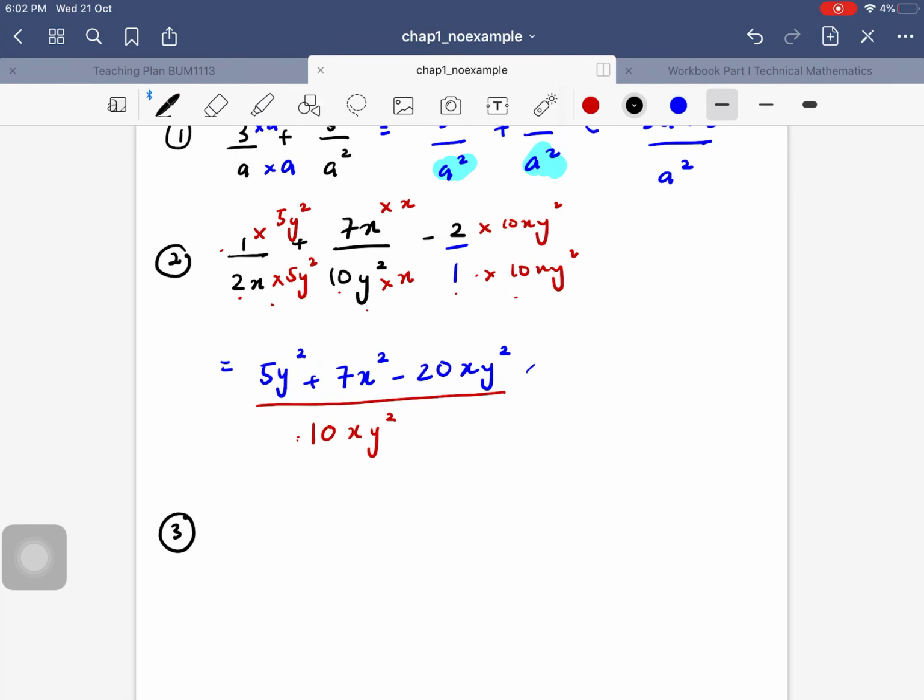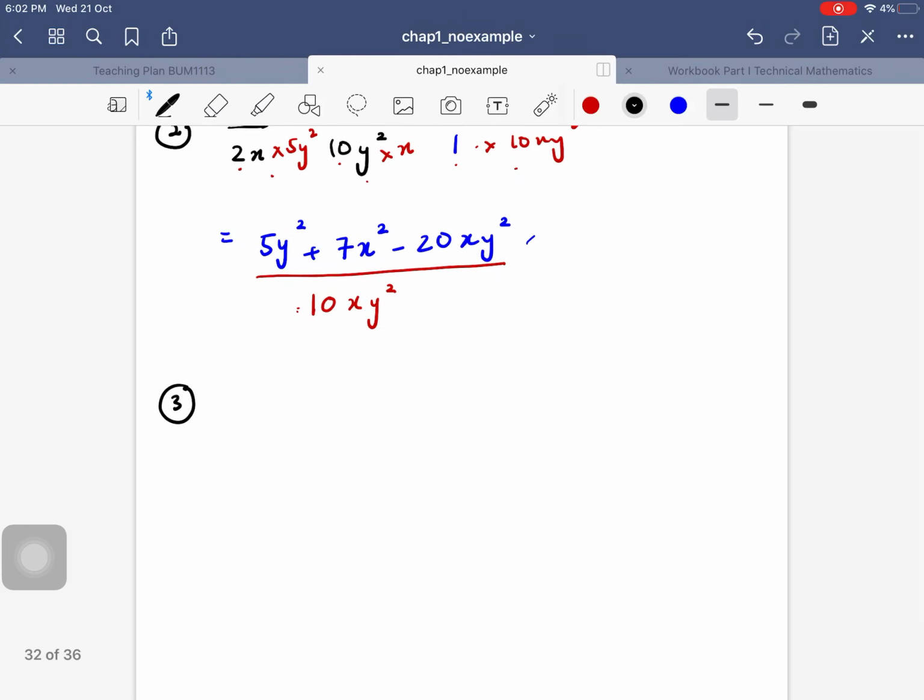Okay, the third one. I have 15 at the top, and at the bottom I have x squared plus x minus 6, and then I'm going to add this with (x + 1) over (2 minus x). Before I start, first of all, I'm going to check whether this is reducible or irreducible.